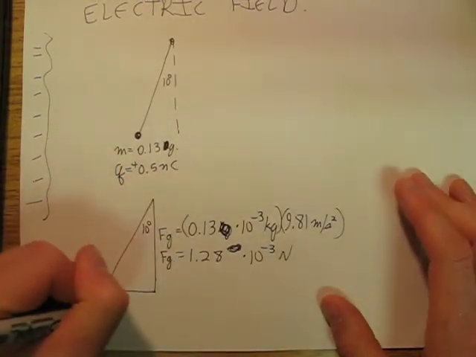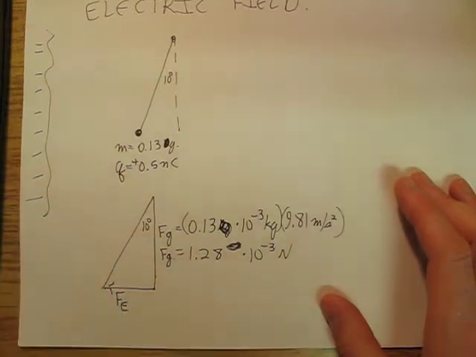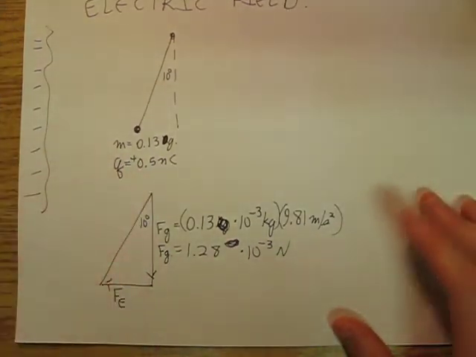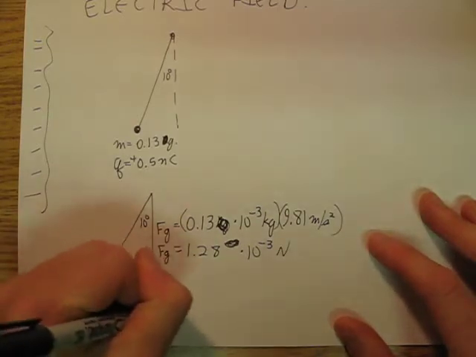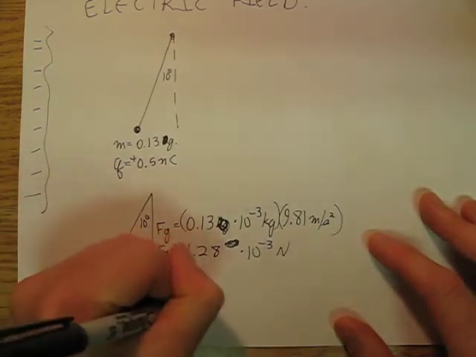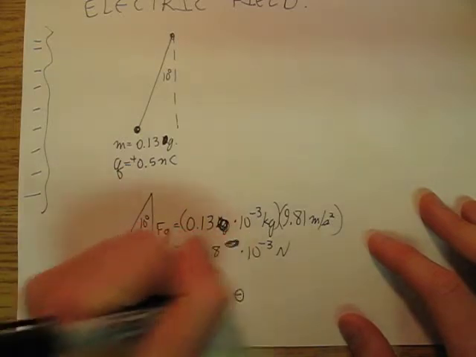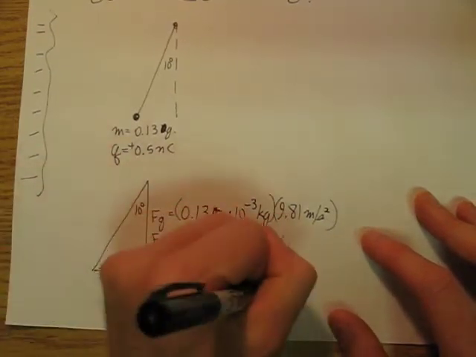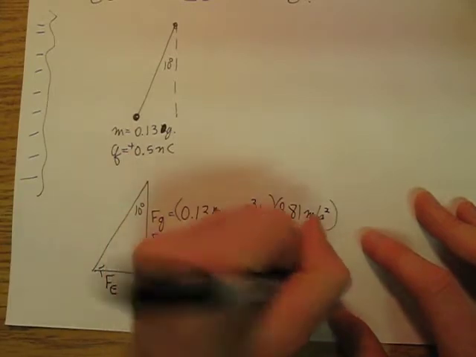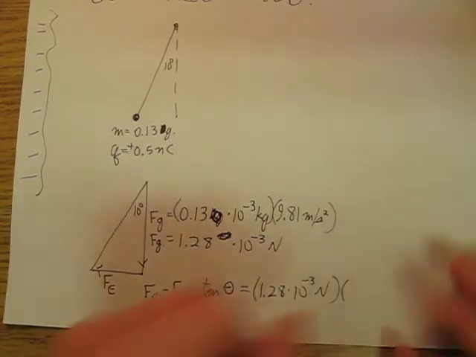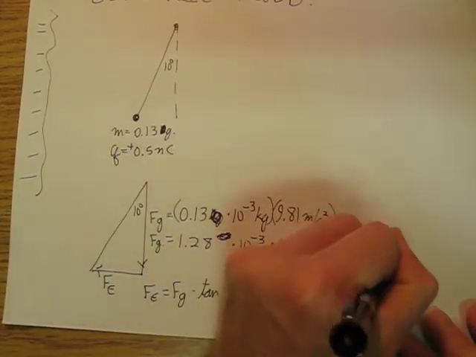And I've got this electric force that's pointing this way, and I know that they're related through tangent theta. So I know that the electric force is going to be the force of gravity times the tangent of theta. So it's going to be 1.28 times 10 to the negative third newtons times tangent 10 degrees.